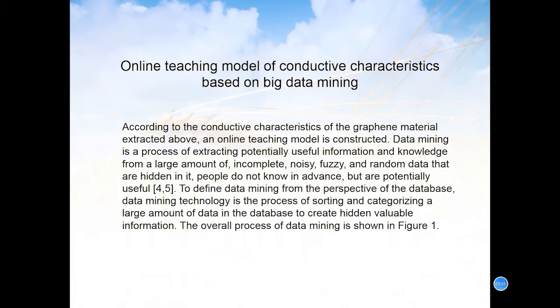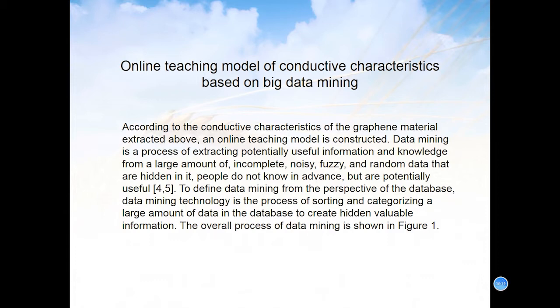According to the conductive characteristics of the graphene material extracted above, an online teaching method is constructed. Data mining is a process of extracting potentially useful information and knowledge from a large amount of incomplete, noisy, fuzzy, and random data.